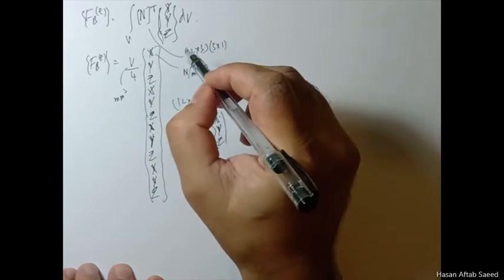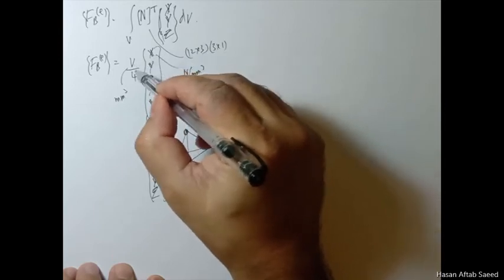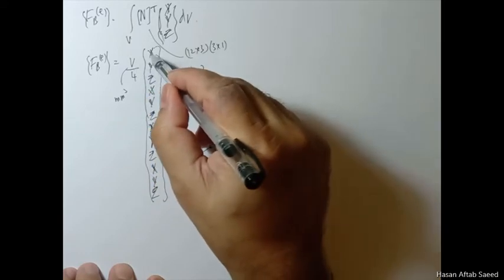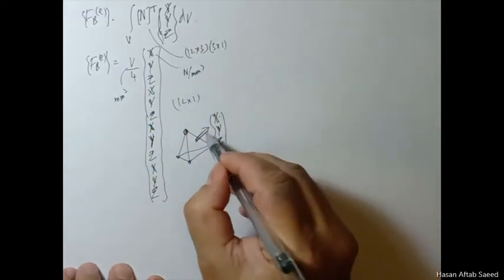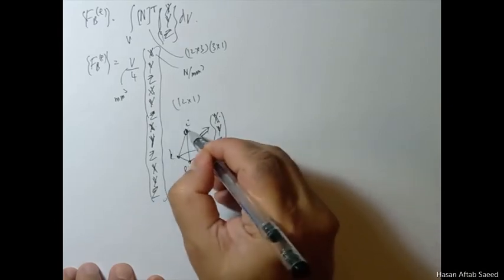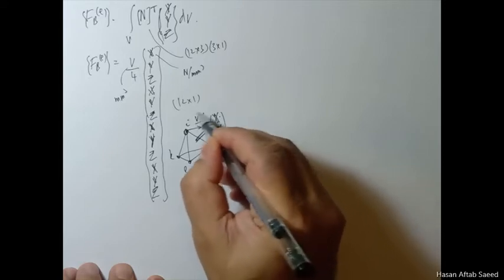Now we get the total force in Newton in the x direction, divide it by 4 and apply it to all the nodes equally. So node I, node J, node K, node L. If this is I, this is J, K, L, here we apply Vx over 4.